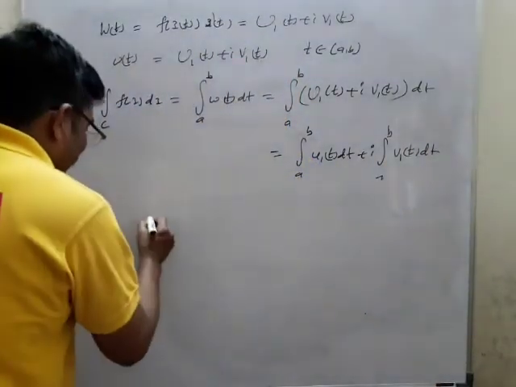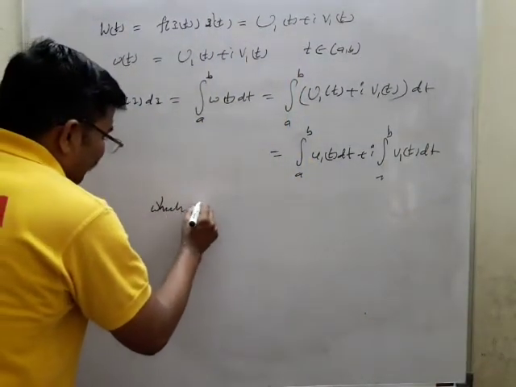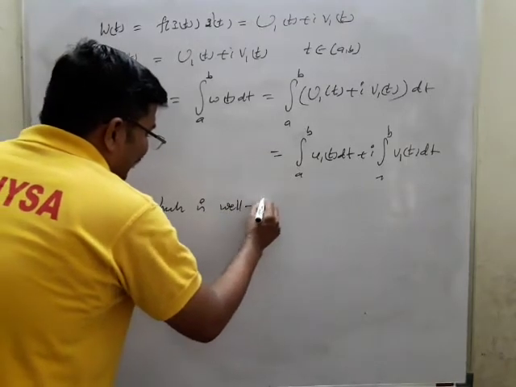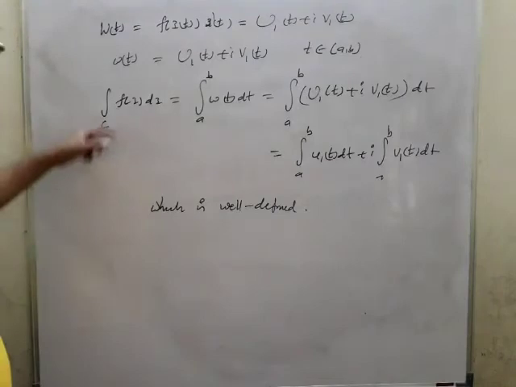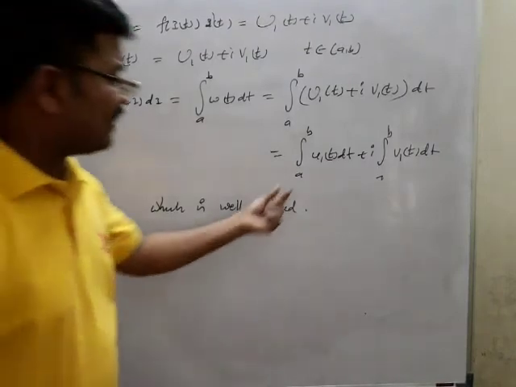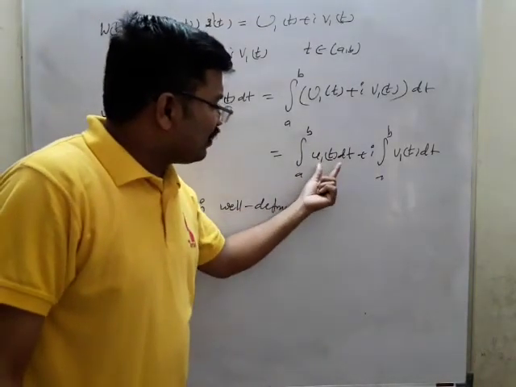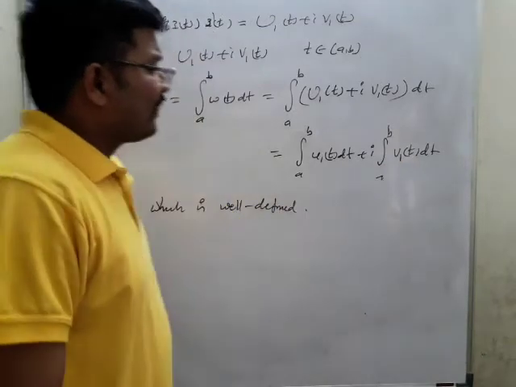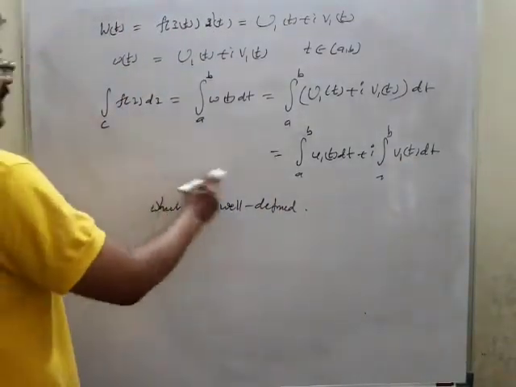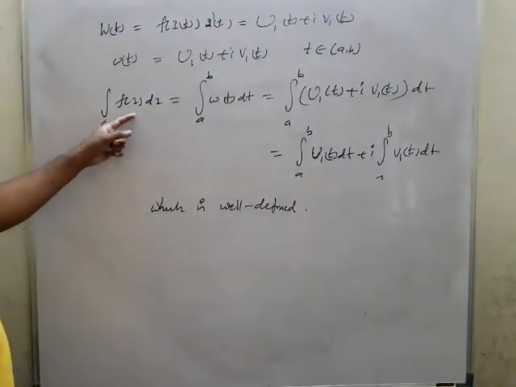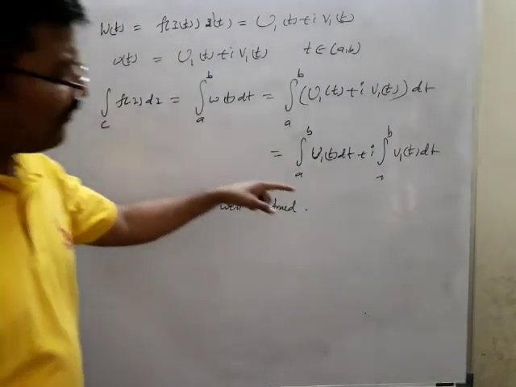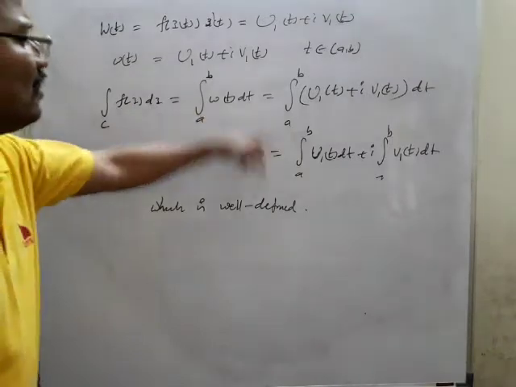So therefore, this is well defined. The integral of f(z) dz may be taken as the integral from a to b of u1(t) dt plus i times v1(t) dt, because f(z) is nothing but u1(t) + i v1(t), which is well defined.